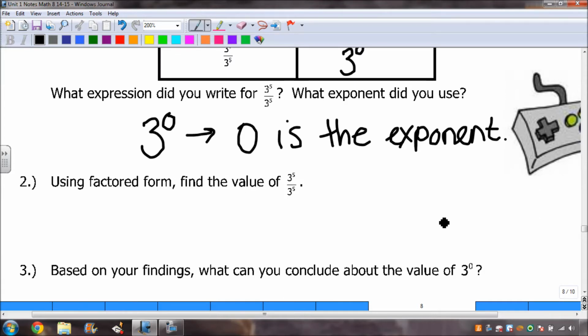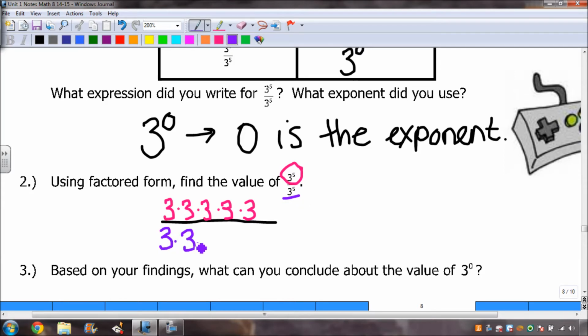Well, using factored form, it says find the value of 3 to the 5th power divided by 3 to the 5th power. Remember, we kind of talked about this before. If you take 3 to the 5th power, that just means you've got 3 times 3 times 3 times 3 times 3, right? And then in the denominator, you're going to do the same thing, so you end up getting 3 times 3 times 3 times 3 times 3.